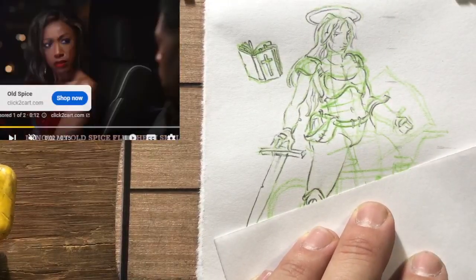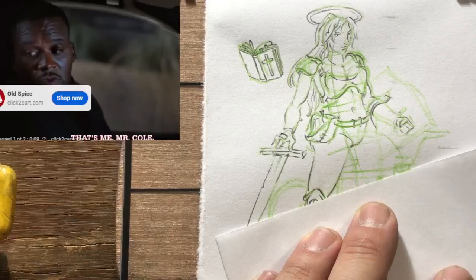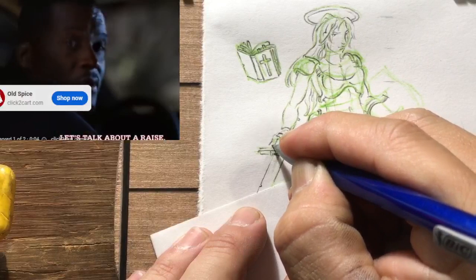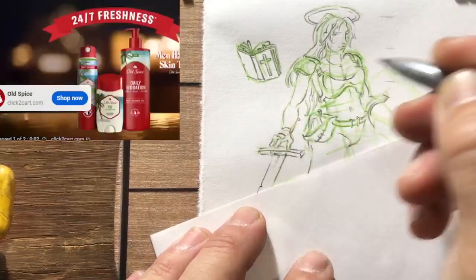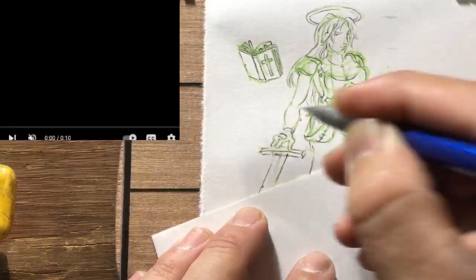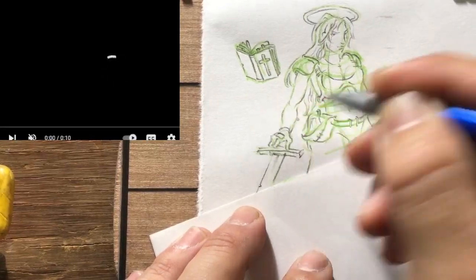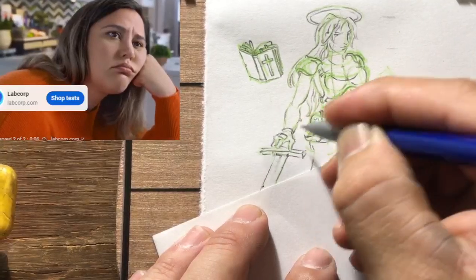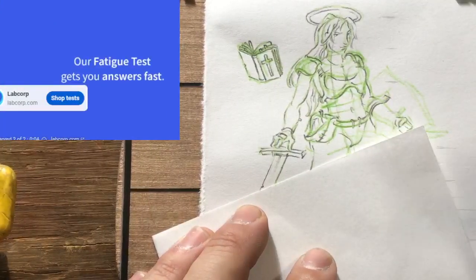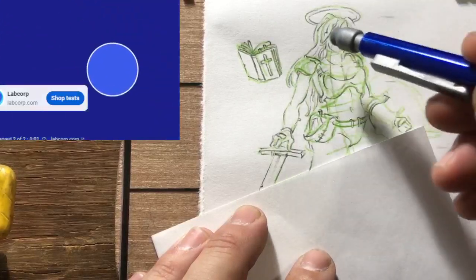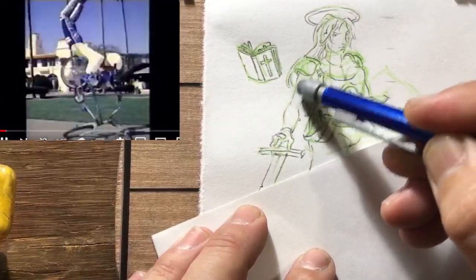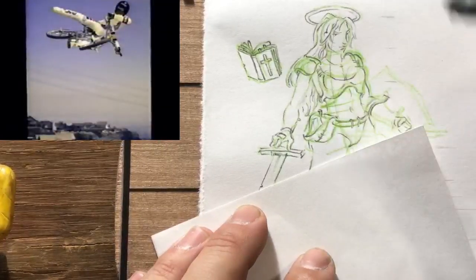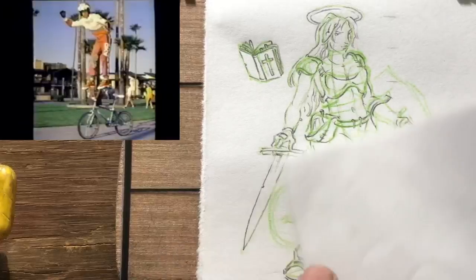The bar is going to be right there, I guess. I should have worked on these hands more. Kind of messed that up, didn't I? That anatomy doesn't work right there. Okay, so I'm actually messing something up right here.